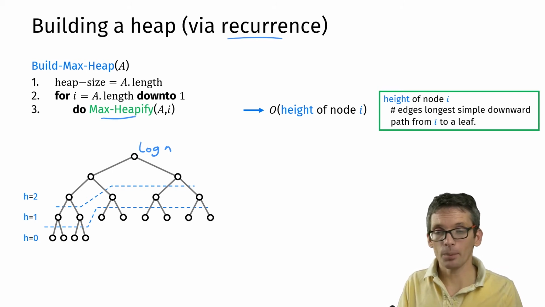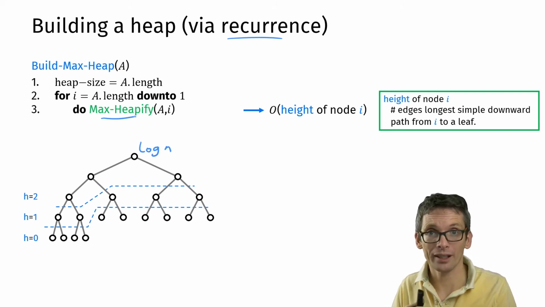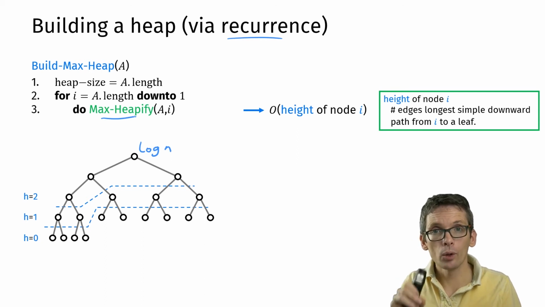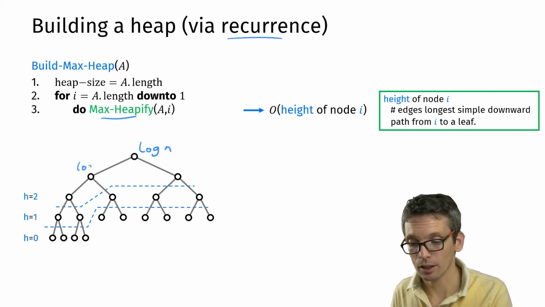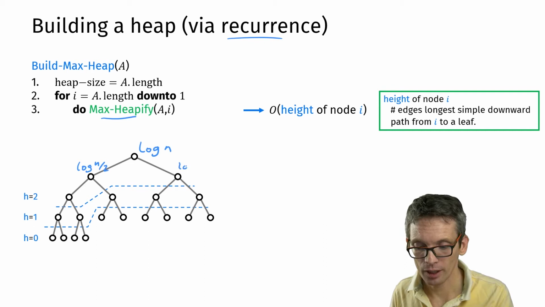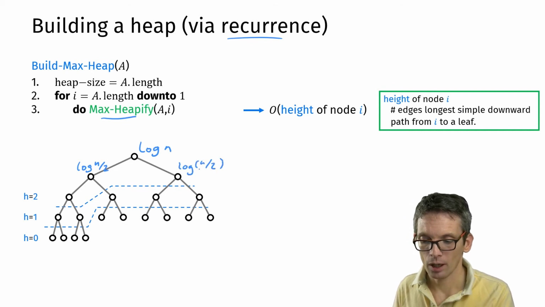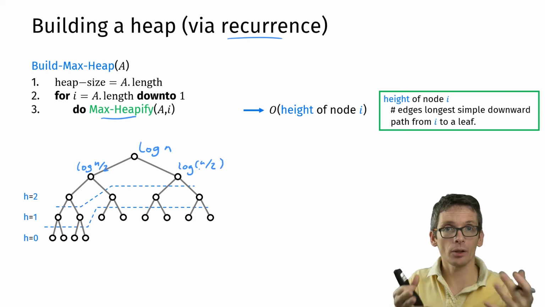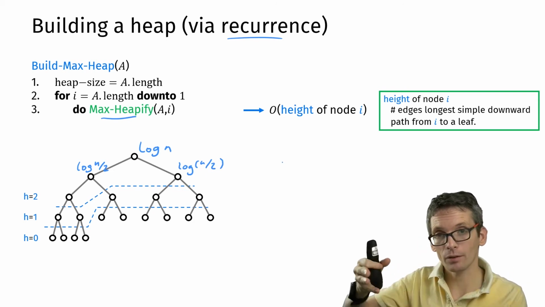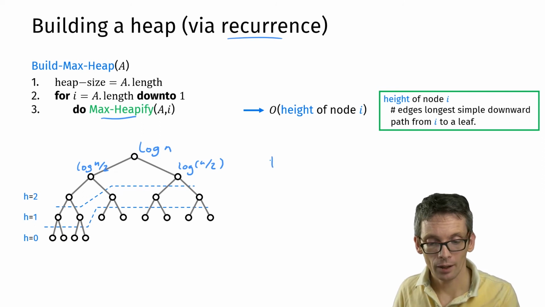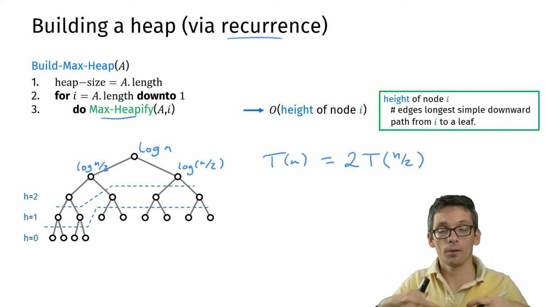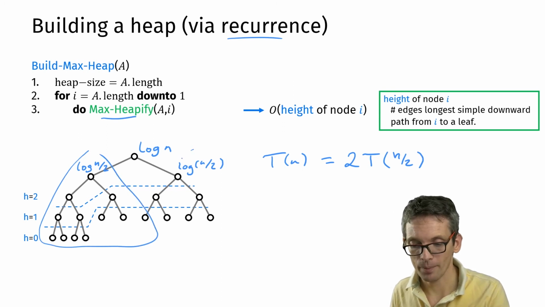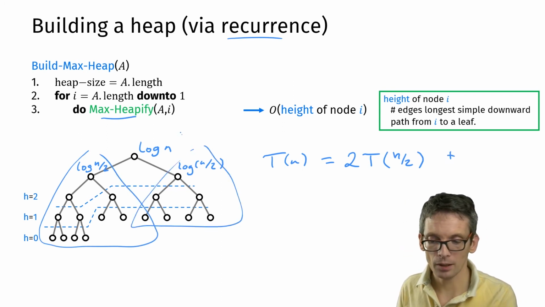We're calling Max-Heapify on all the nodes, so we're also calling it on the children. The children are roots of max heaps of size at most n half, so the height is at most log n half. So here I'm going to spend log n half at most, and then log n quarter, and so on, depending on the size of the corresponding subheap. If I sum up all of these terms, I get as a running time 2 times the running time of a heap of half the size, so all of the Max-Heapifys here and here, plus this log n.